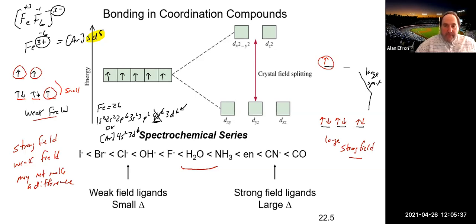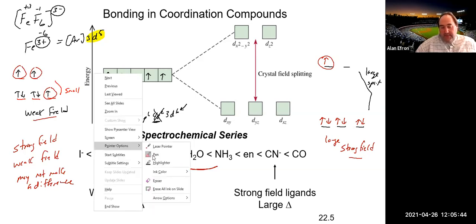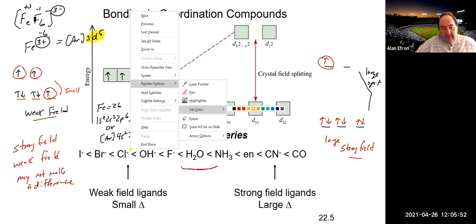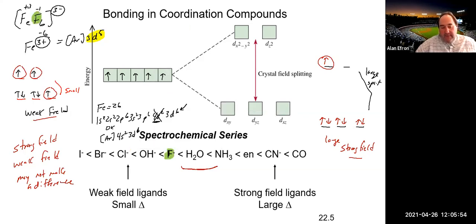So how would these electrons be distributed? We want to look at the ligand that's attached to it. In this case, the ligand attached is fluorine. We look down here, fluorine is heading over to our weak field side. And we will do it as a weak field.